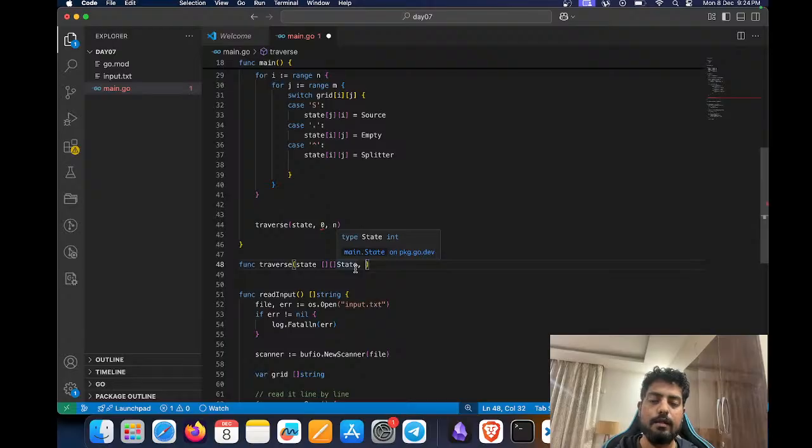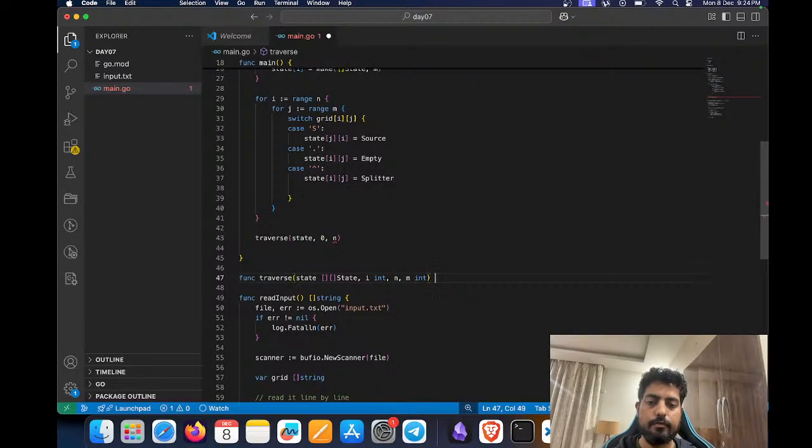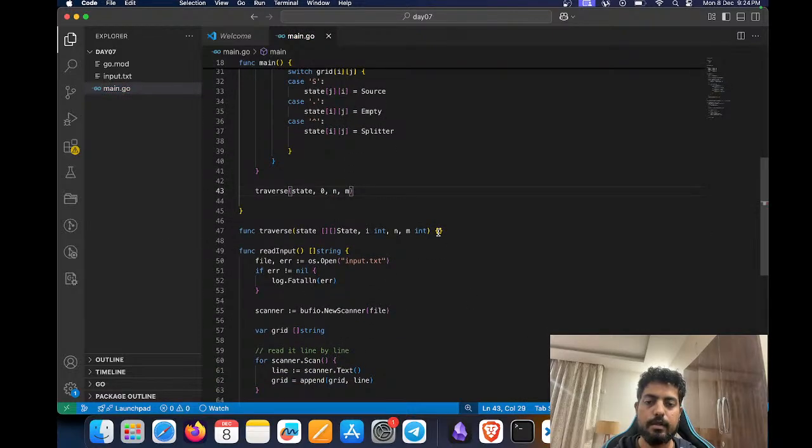We have this compressed ecosystem that holds every possible state that we can think of, and we start with the first row and total rows. I think we can just call it n comma m, where n, m is the total number of rows and columns that we can have.